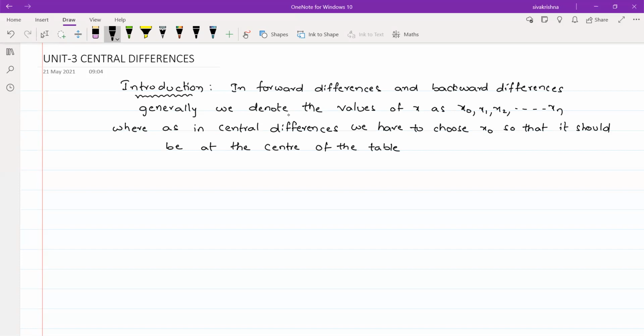So in forward differences and backward differences, we choose the values of x as x0, x1, x2 and so on. Whereas in central differences, we have to choose x0 so that it is at the center of the table.